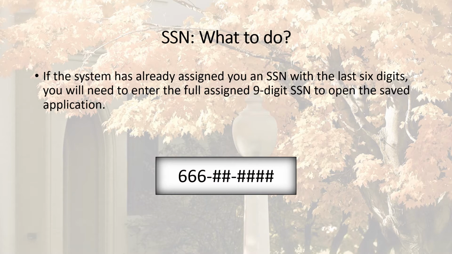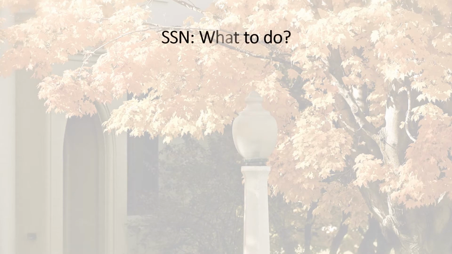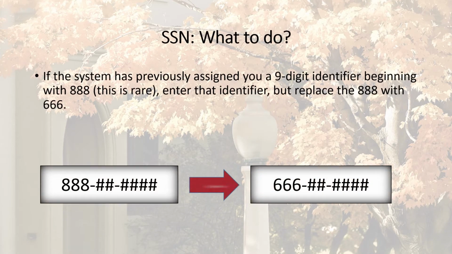If the system had already assigned you a full 666 SSN, you will need the full 666 SSN to open your saved application. In the unlikely event that you had previously been assigned a 9-digit identifier beginning with 888, then just enter the same identifier but replace the 888 with 666.